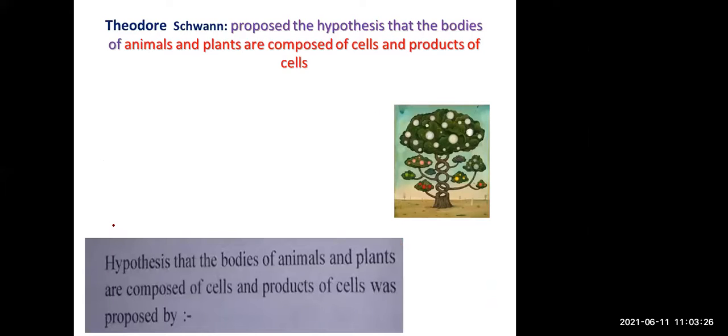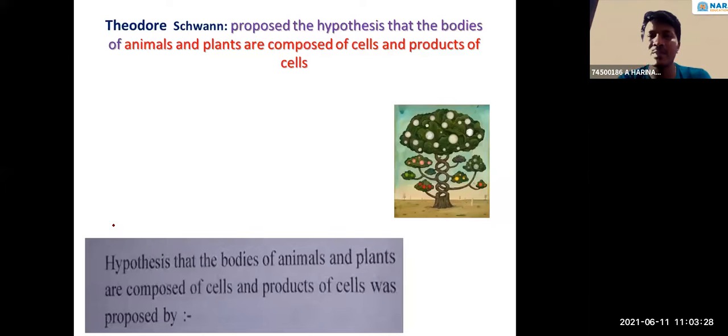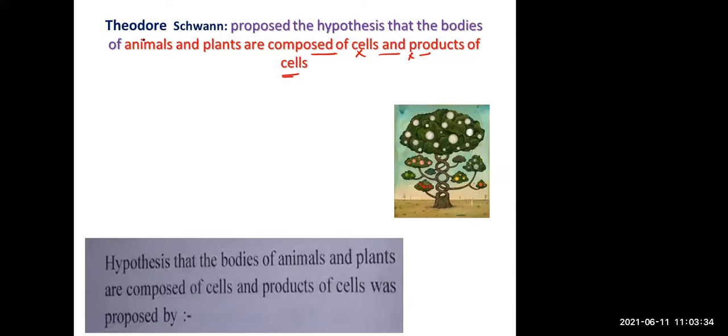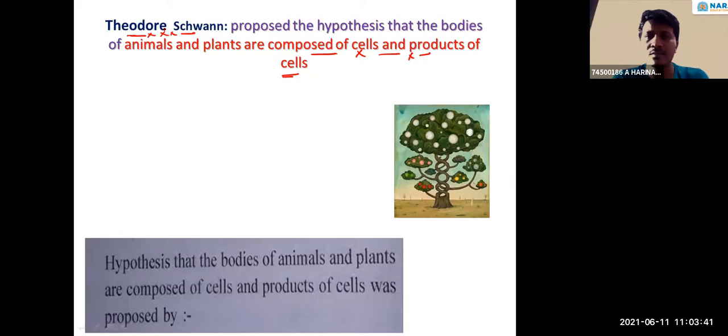They are composed of cells and products of cells. Yes, products of cells. This is a hypothesis given by Theodor Schwann.